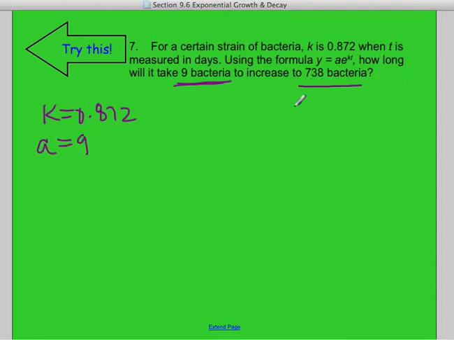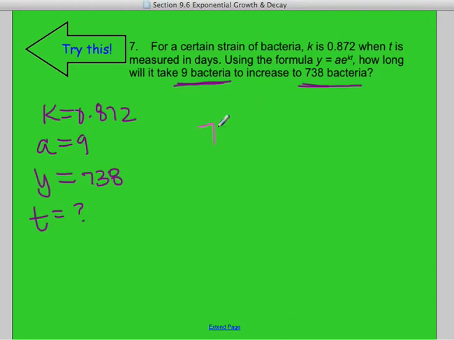We want to know when it increases to, the amount they have at the end. So the final amount is y, 738. And t, well, we want to know how long, so that's what we do not know. So we just go ahead and fill in everything we do know.